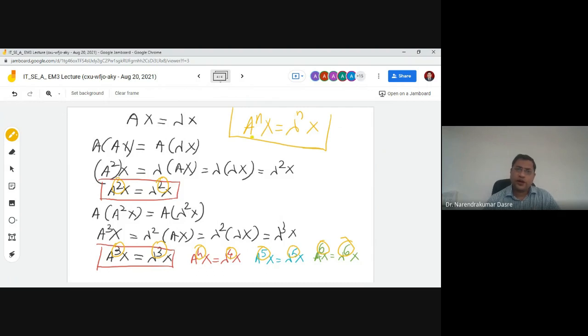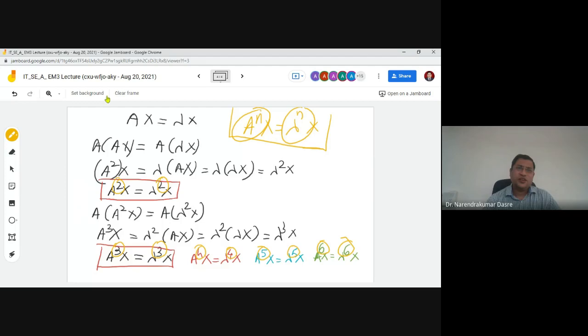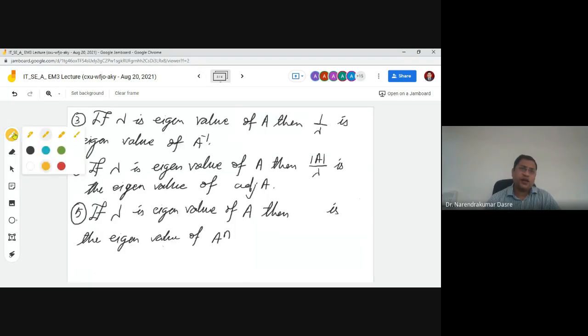So that means the eigenvalue of A raised to n will be, what will be the eigenvalue of A raised to n? Lambda raised to n. Correct. So if lambda is an eigenvalue of A, then lambda raised to n is an eigenvalue of A raised to n.